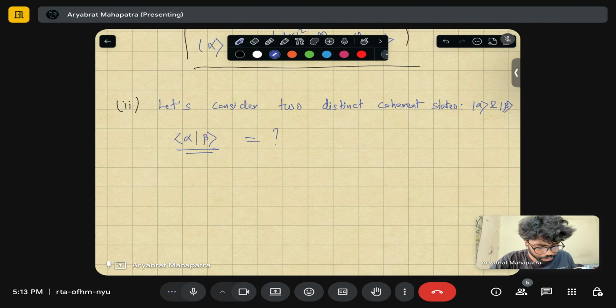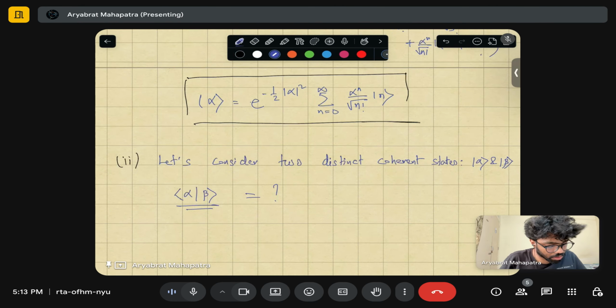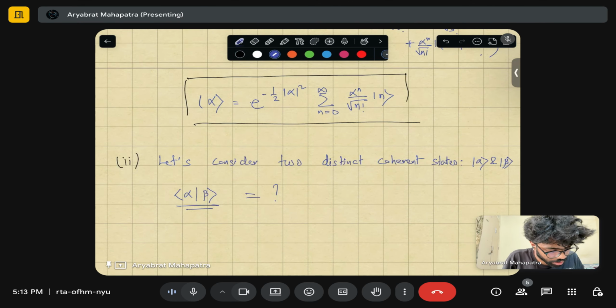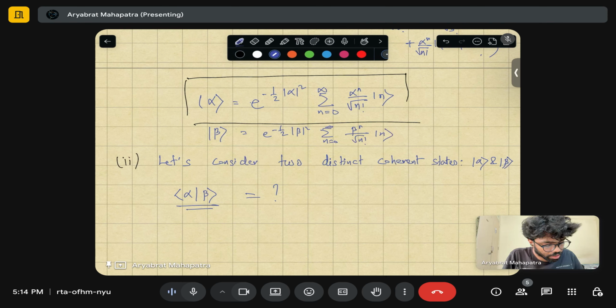First, beta, as we found here, you can write as another coherent state: e to the minus half magnitude of beta squared, then summation n from 0 to infinity, beta to the power n over square root of n factorial, ket n.